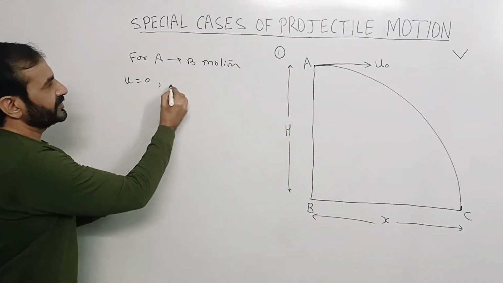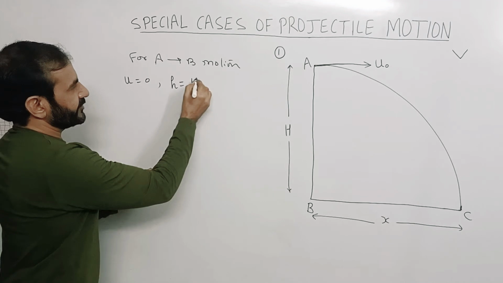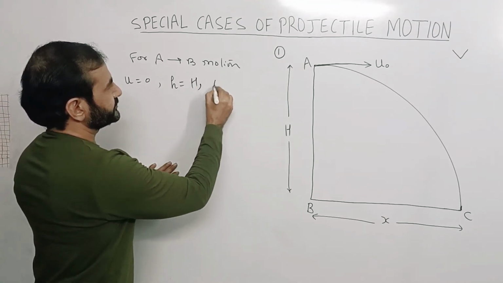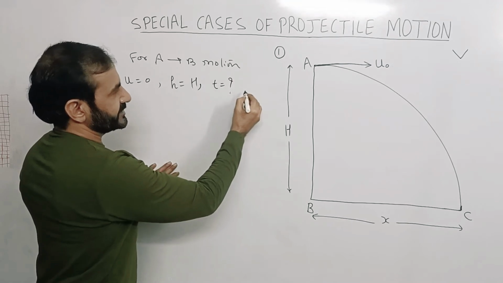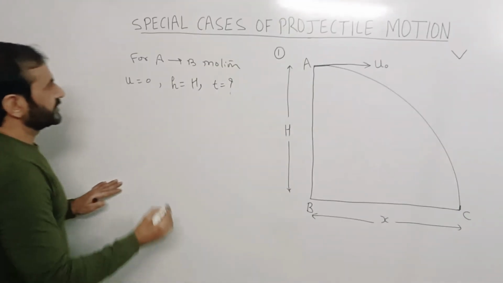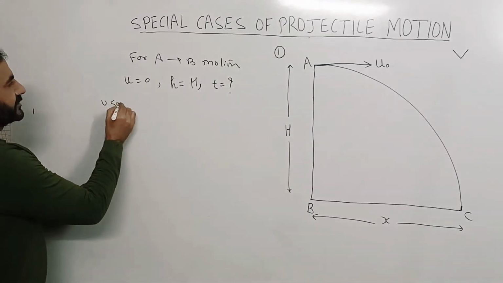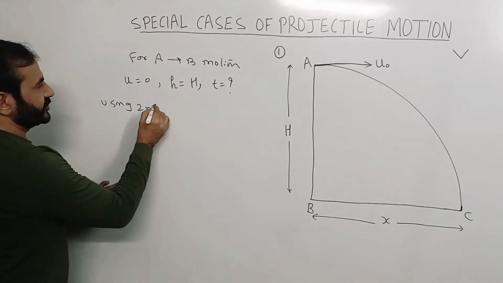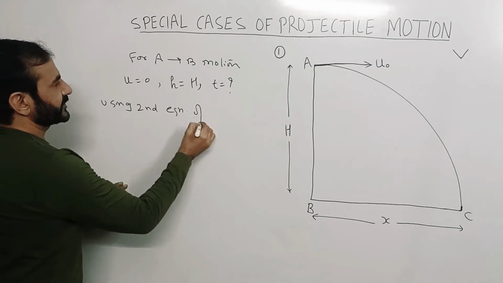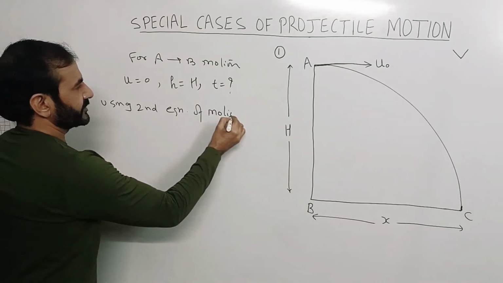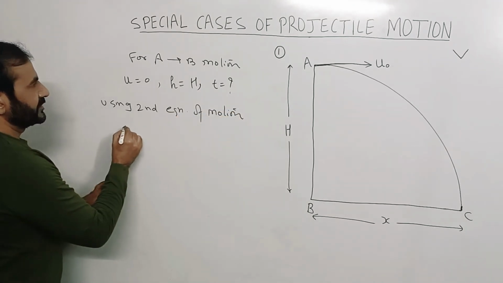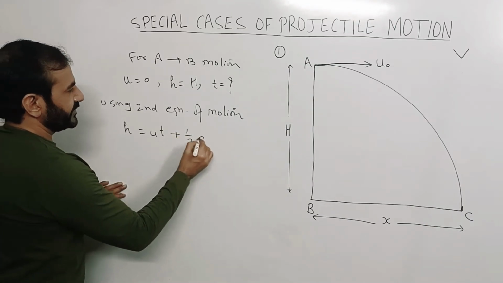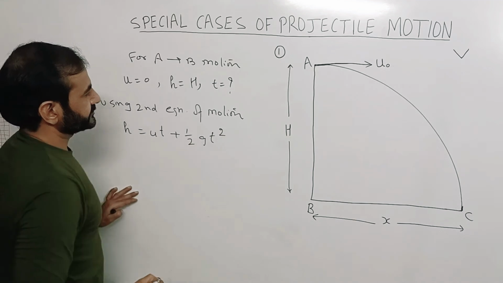That's why u is 0, height is capital H, and we have to find time. Obviously acceleration will be taken as g. Using the second equation of motion, h equal to ut plus half gt square.